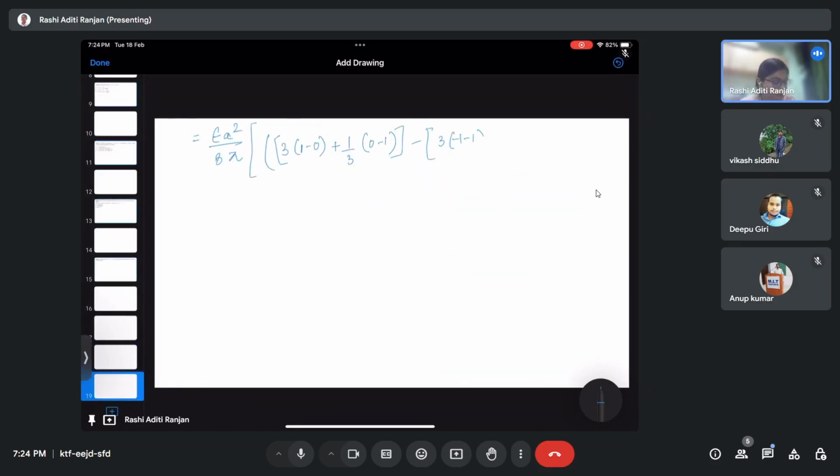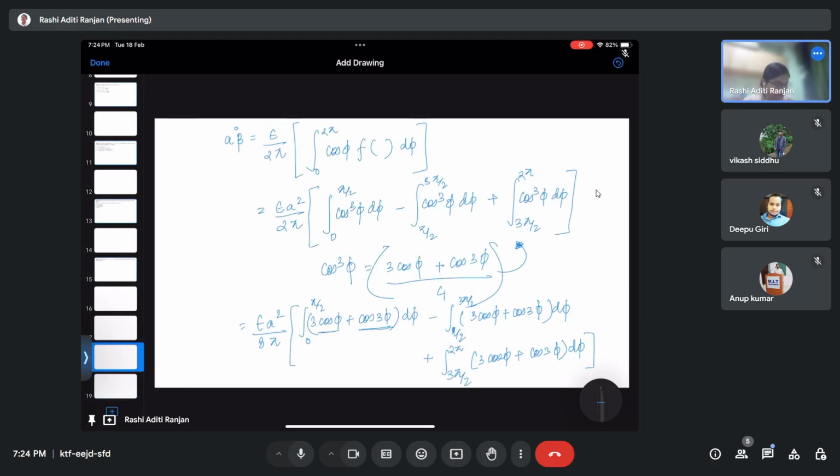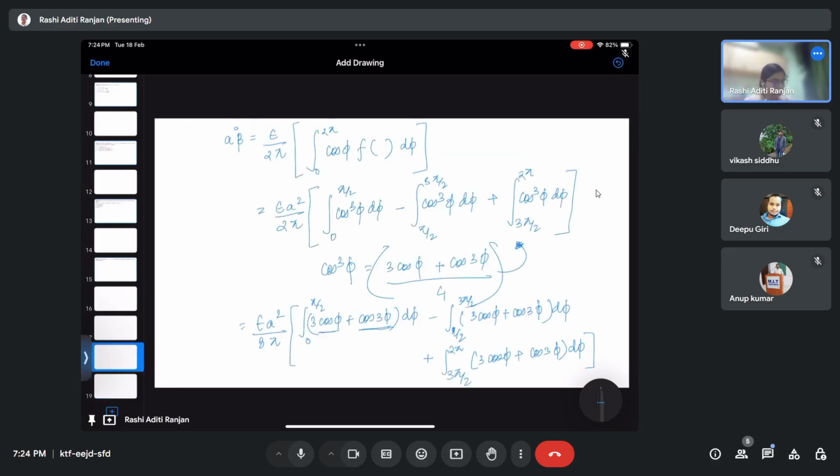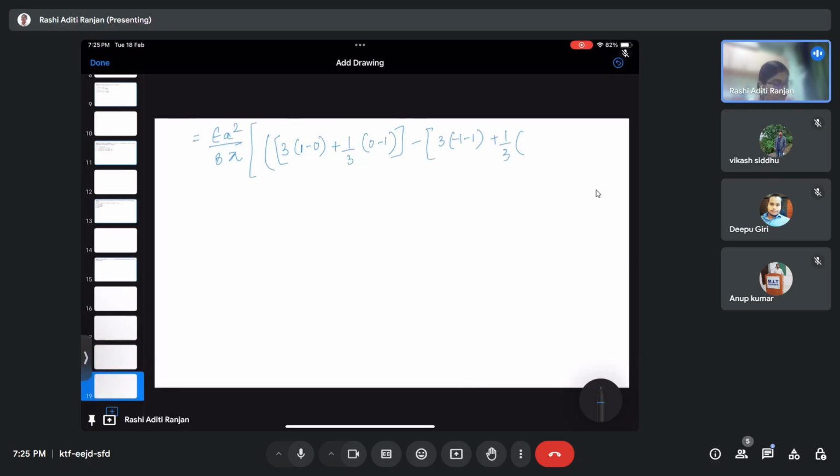Minus 1 minus 1. Cos of 3 phi, which is 1 by 3. Sine of 3 into 3, 9 pi by 2, which is 1. And again, sine of 3 pi by 2 minus 1, or plus 1, 1 plus 1.